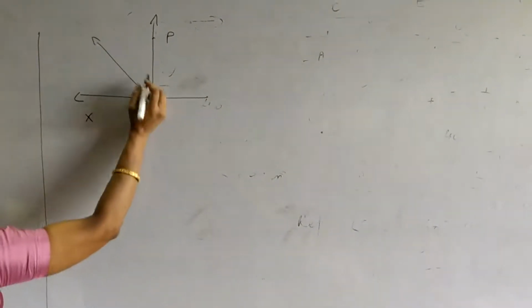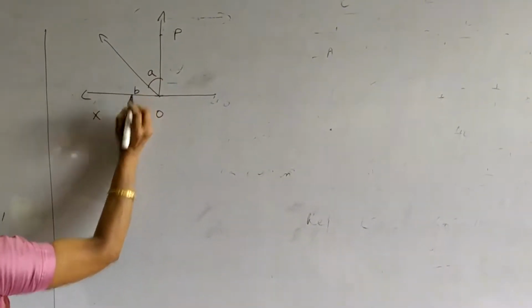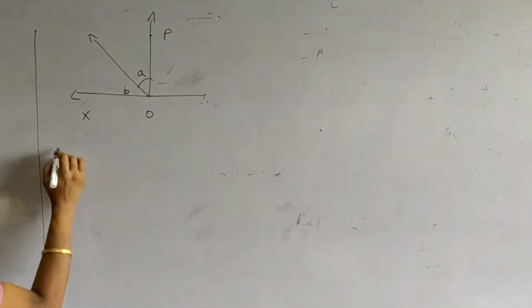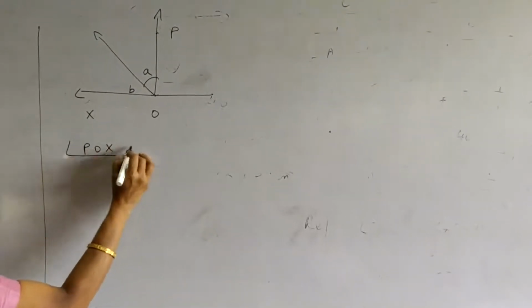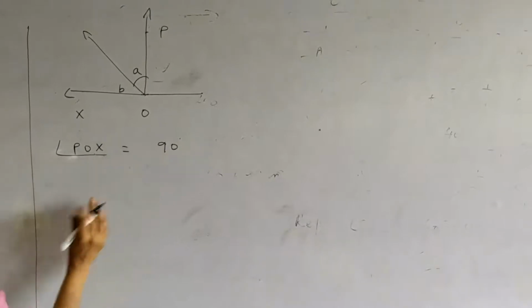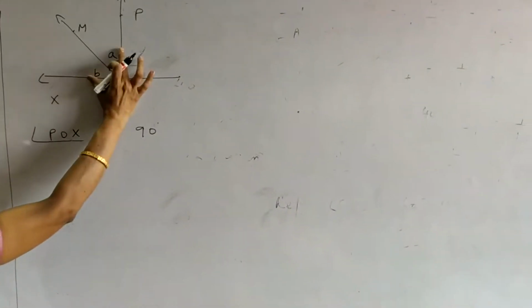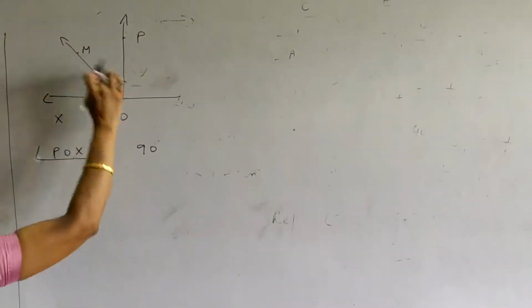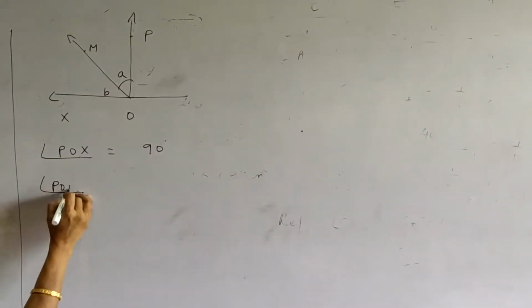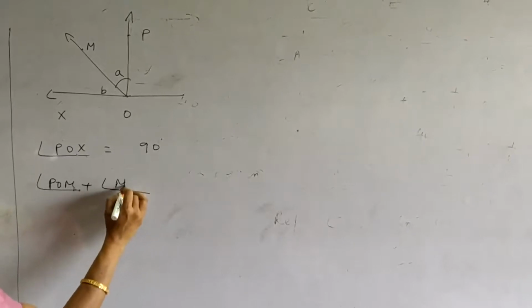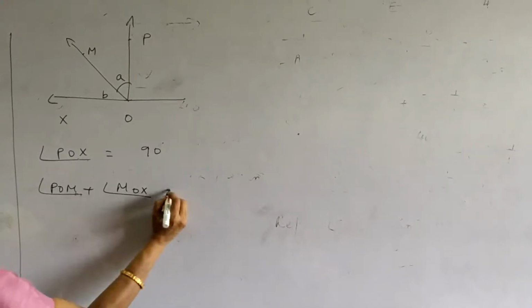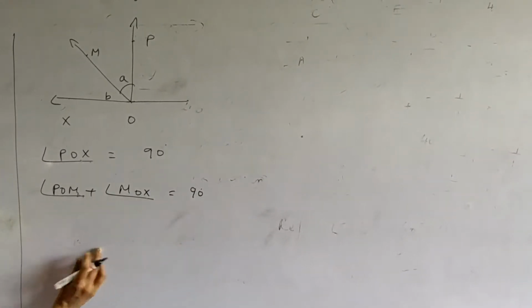This is shared by two terms A and B. So I write here angle POX. Just now we got it as it is equal to 90. This POX can be written as the sum of angle POM plus angle MOX equal to 90.